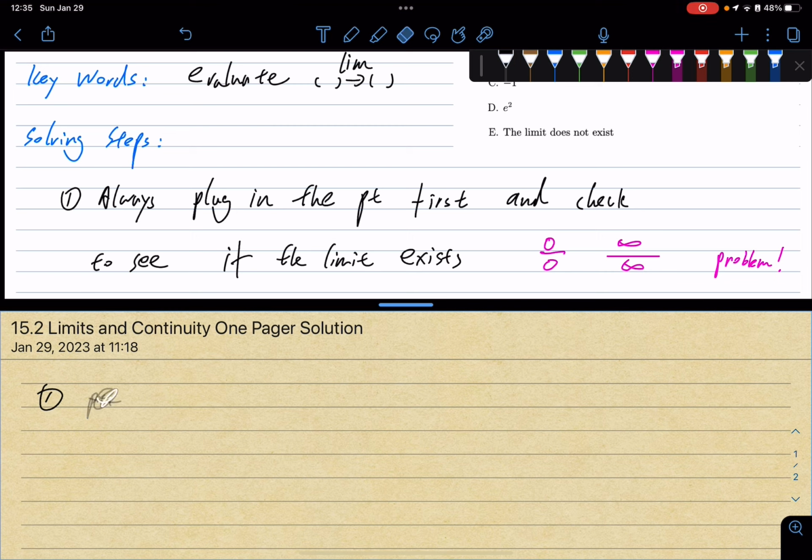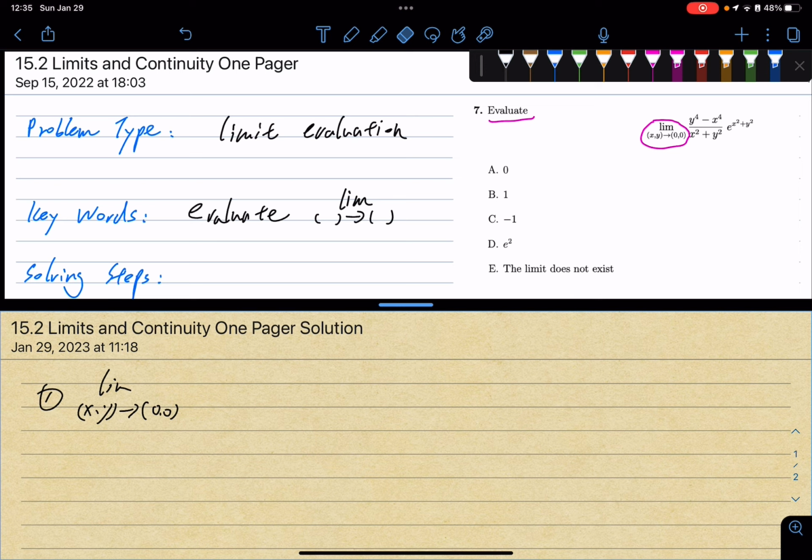The limit as (x, y) approaches (0, 0) of f(x, y). I'm going to skip all of the process. You will realize the fraction gives us 0 over 0, and the exponential gives us 1. So the key is right here. This is a problem for us. This evaluation approach is not valid.